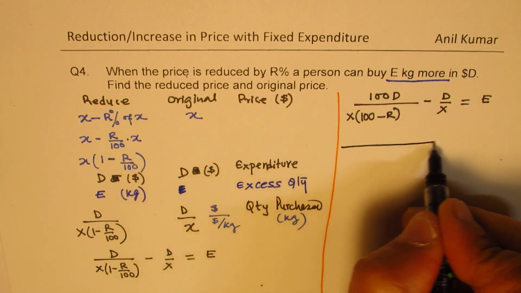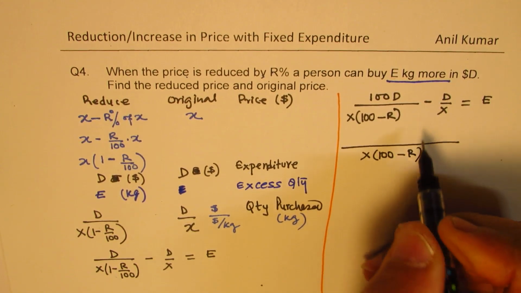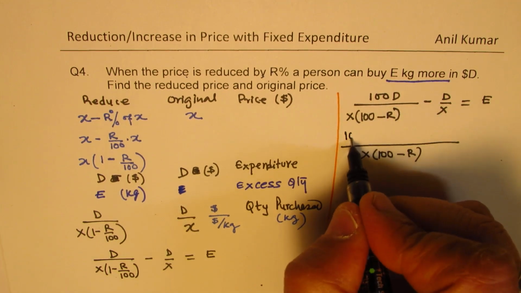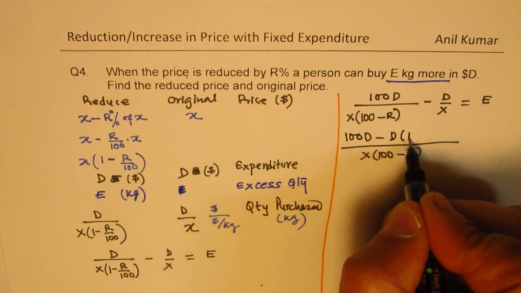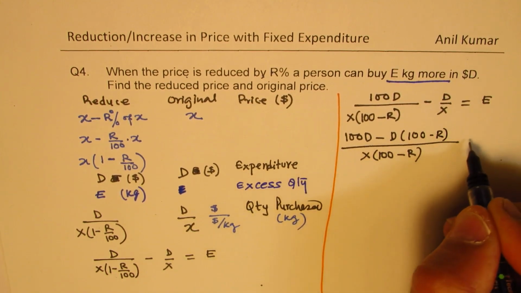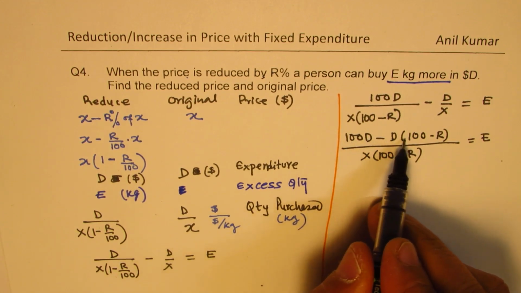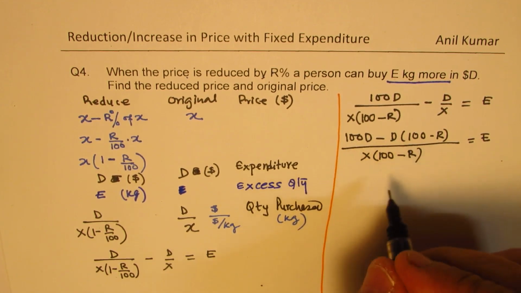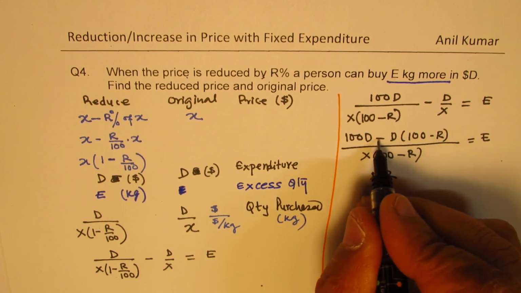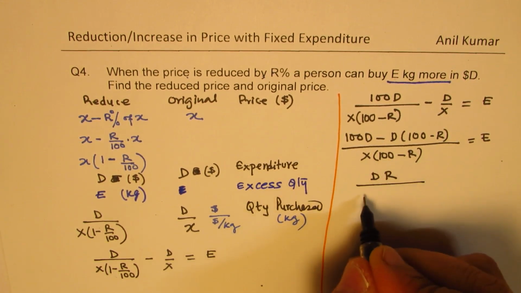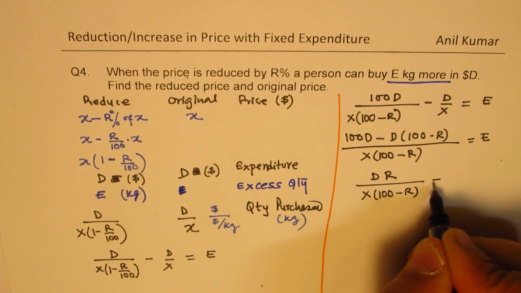Now, the common denominator for us will be X times 100 minus R, and here we'll keep this as 100D. This D will get multiplied with 100 minus R, and that is equal to E. When you open the bracket, 100D minus 100D is 0. We are left with D times R, minus minus becomes positive, over X times 100 minus R, and this is equal to E.